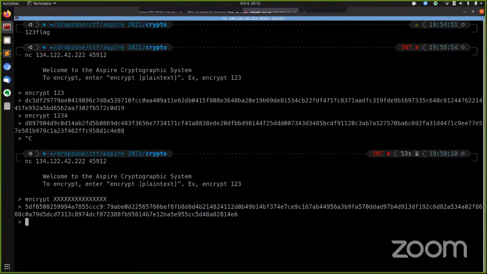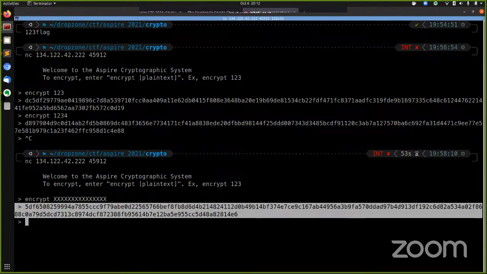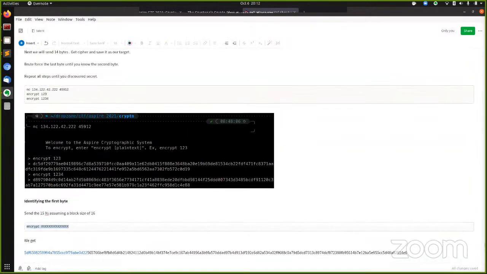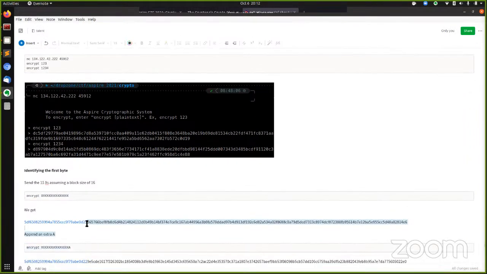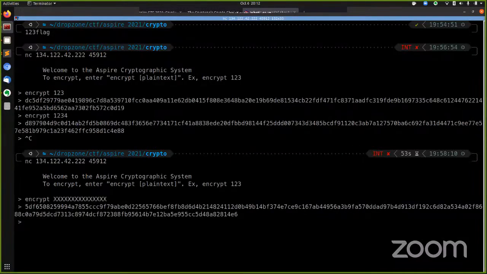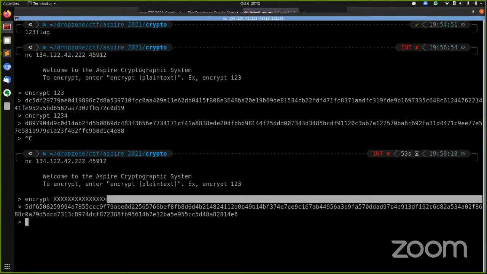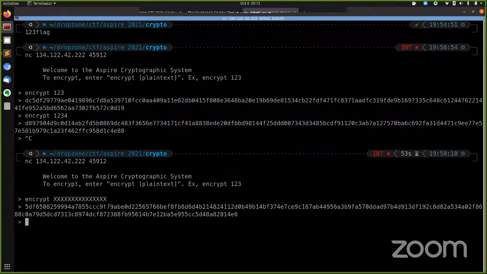I'll show you by copying this, I think I had already copied it here. So we know that our flag has been appended here, and the first character of the flag is included here.